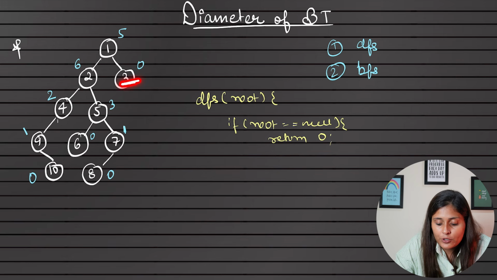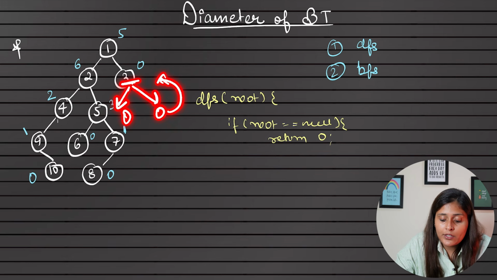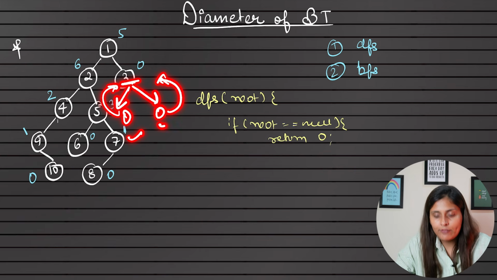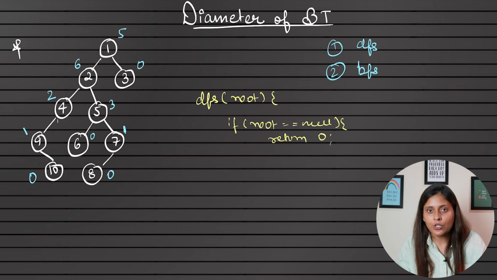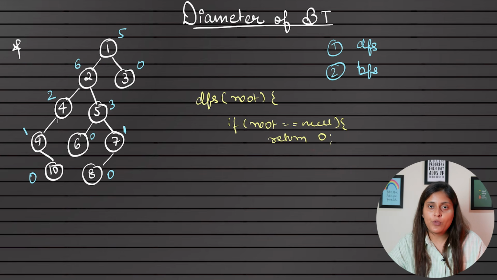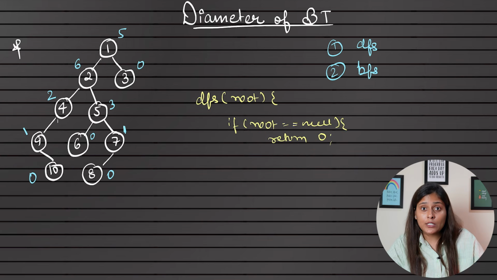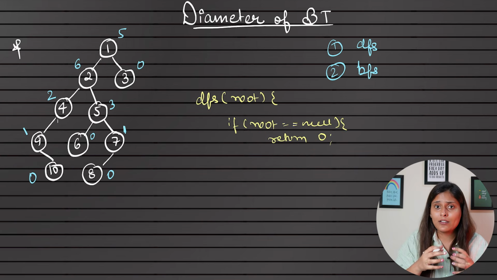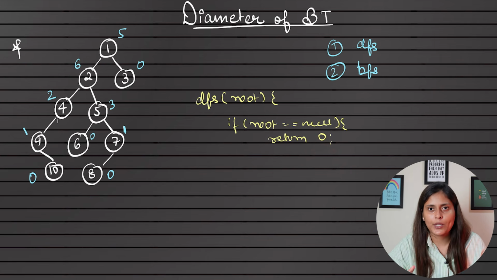Suppose for 3, when you go to the left child and right child, if it returns null, how will you add? So when you are doing integer summation or boolean type of things, it is very important what you are returning. If you have to return true or false when the root is null, do that. If you have to return something where you have to add it, return 0. I hope you know that.